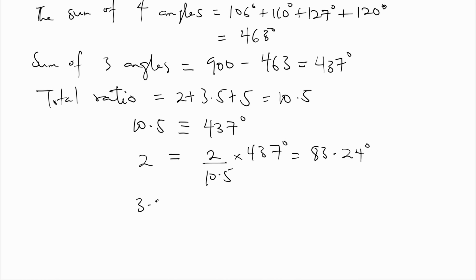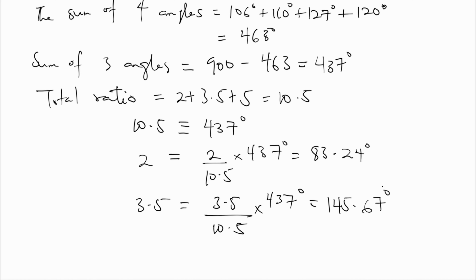Now 3.5 will be equal to 3.5/10.5 times 437 degrees, and that will be equal to 145.67 degrees. 5 will be equal to 5/10.5 times 437 degrees. This will be equal to 208 degrees.